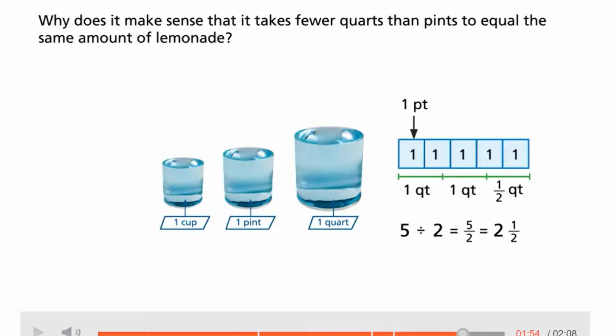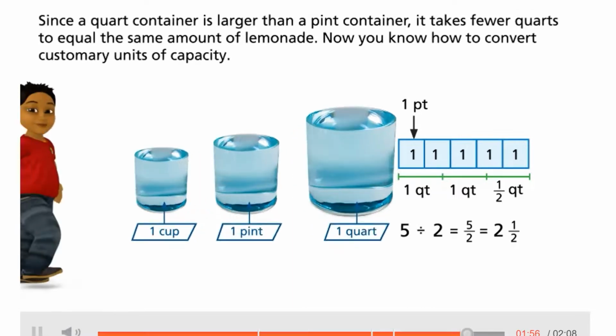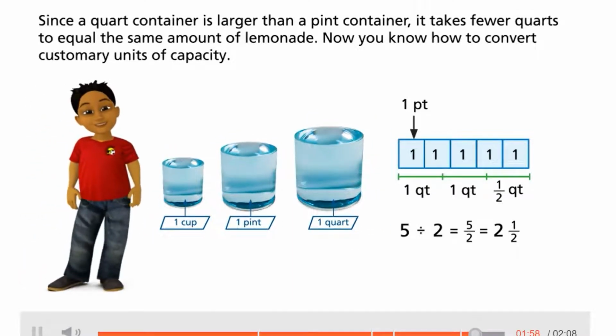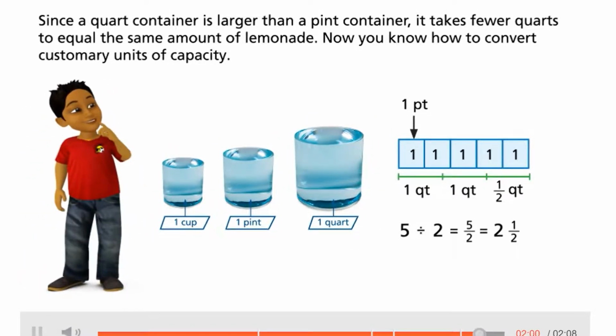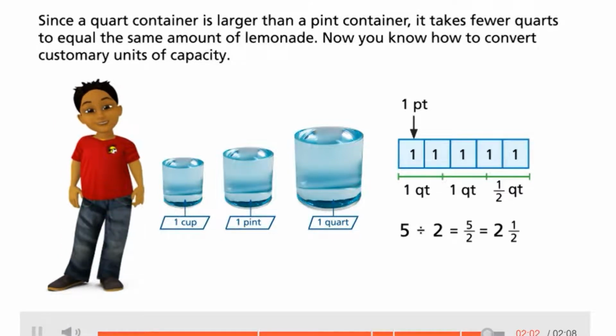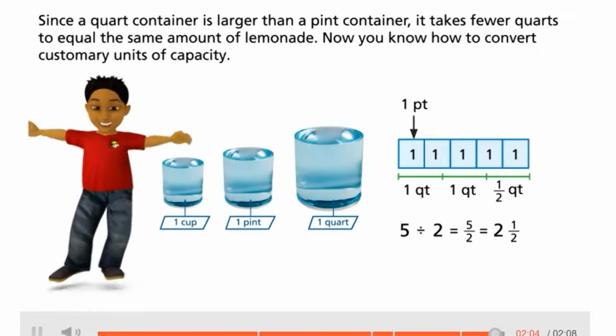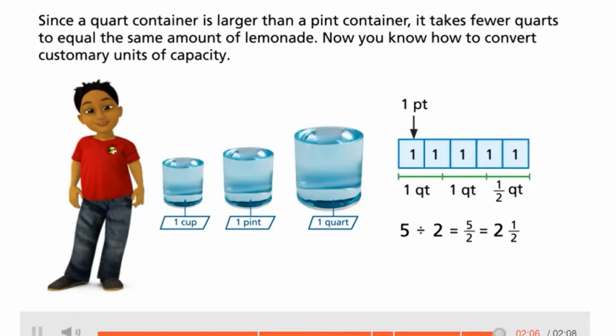So the number of quarts is going to be less than the number of pints, only because quarts are bigger sized pieces. They're bigger units. Since a quart container is larger than a pint container, it takes fewer quarts to equal the same amount of lemonade. Now you know how to convert customary units of capacity.